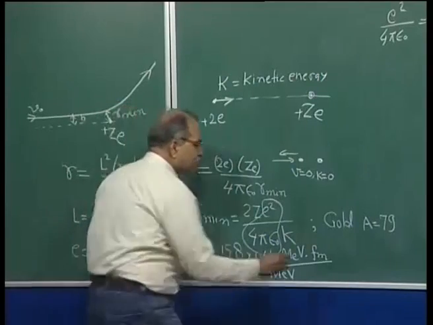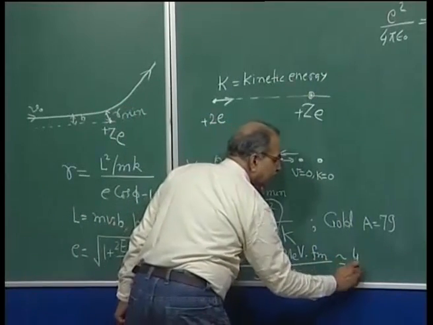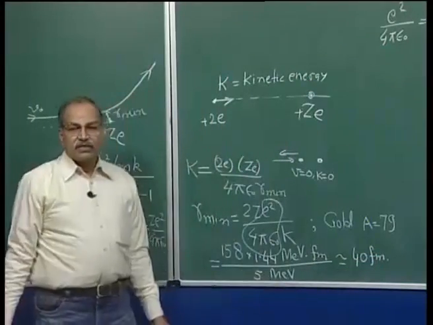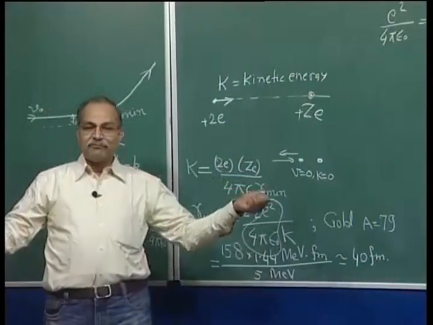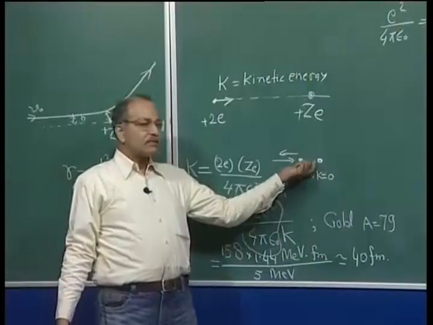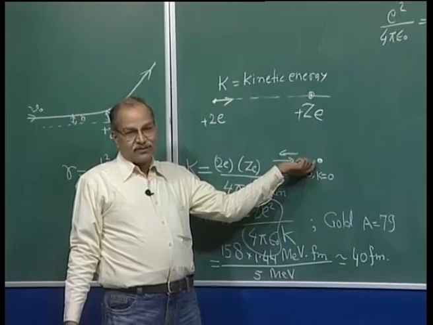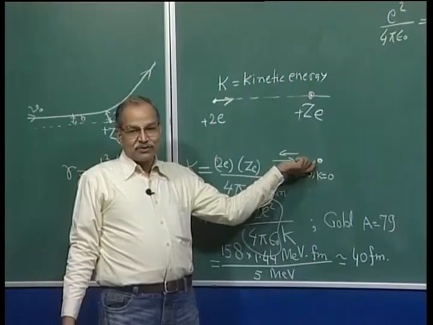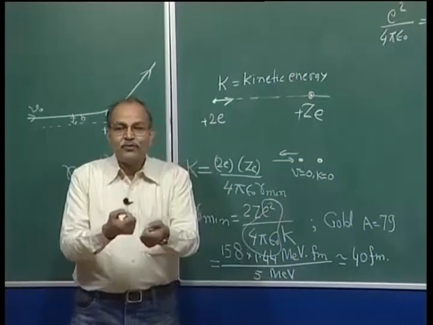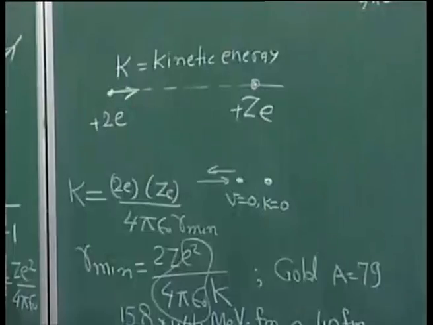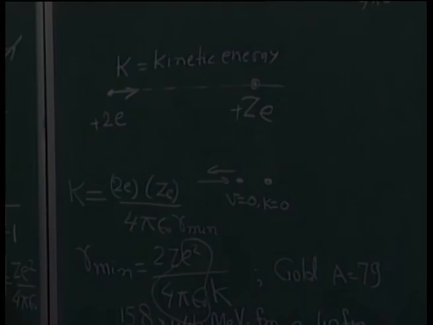So, this is somewhere around 40 to 50 femtometers. Now, 40 to 50 femtometers is a large separation. Nuclear forces operate only when you go into 1 femtometer or so. So, it is fine.